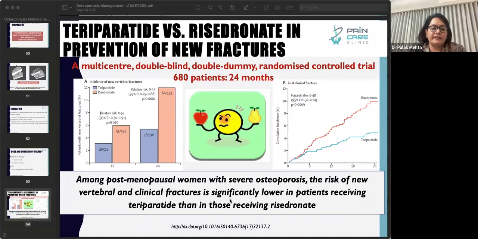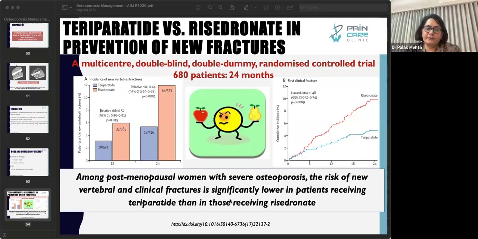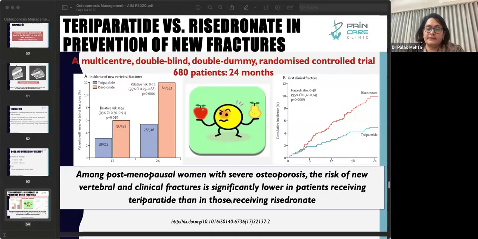Significantly, teriparatide reduces the risk of fracture in postmenopausal women compared to risedronate. So those who are receiving teriparatide in their postmenopausal period or those who already have documented osteoporosis, the fracture risk is significantly reduced, and at the same time new bone formation is done.